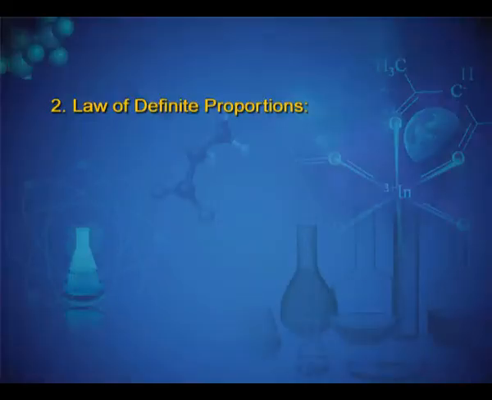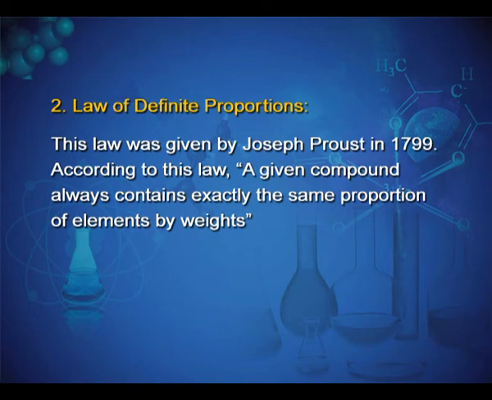The second law is the law of definite proportion. This law was given by Joseph Proust in 1799. According to this law, a given compound always contains exactly the same proportion of elements by weight.